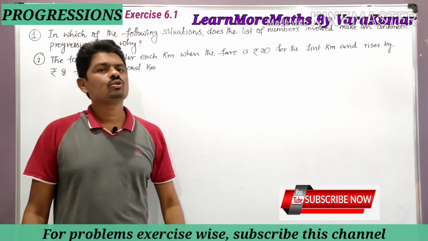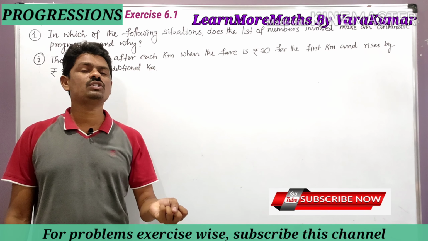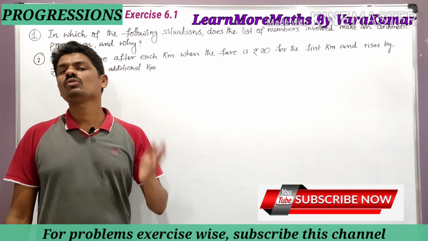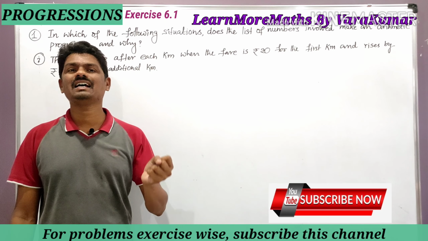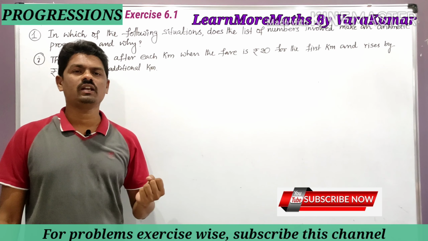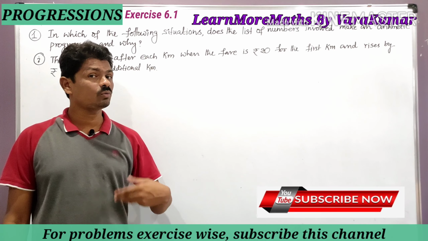So student, in exercise 6.1 first problem, he has given some situations. So whether the numbers involved in the situation form an arithmetic progression or not, he is asking. So first we have to write the list of numbers involved in the given situation. Then after we have to check whether it forms an AP. How can we check?